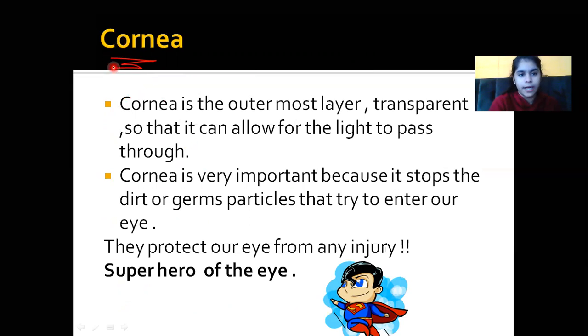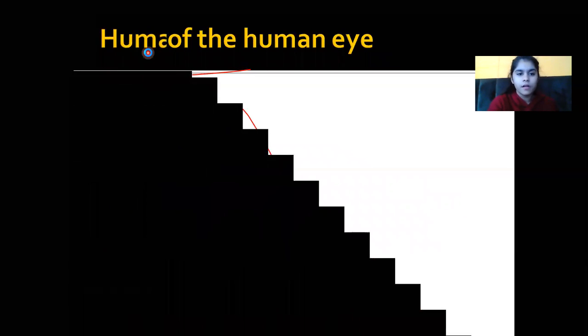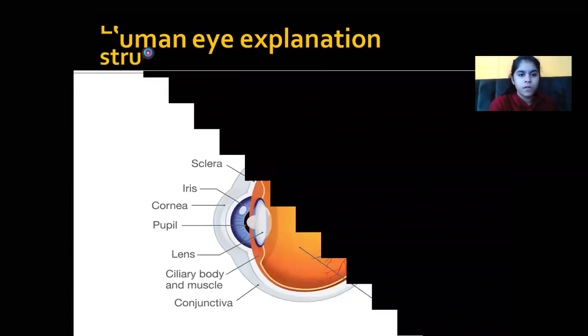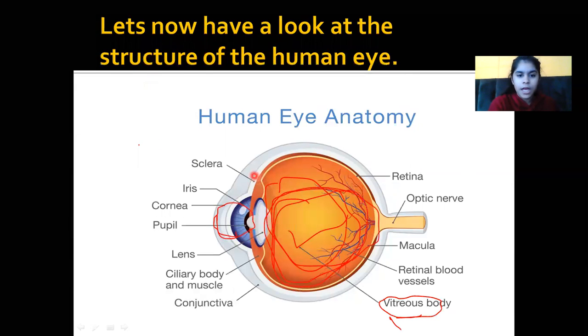Now, what is the cornea? I told you, see, this outer thin transparent layer, this is your cornea.